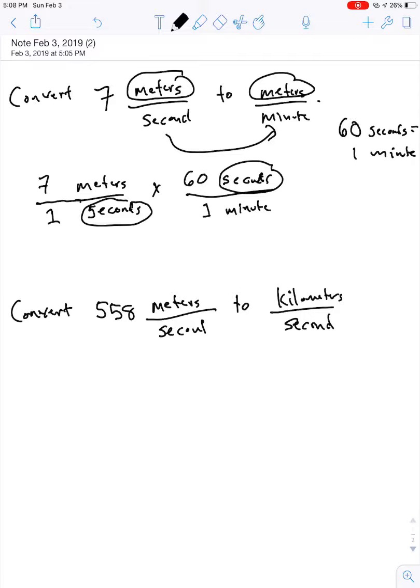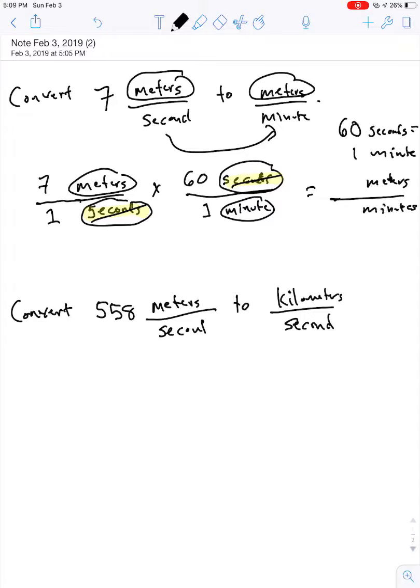If you are given seconds as your denominator the first time, you need to make seconds on the numerator the second time to get them to cancel. So in this case, since seconds is on bottom and seconds is also on top, seconds divided by seconds cancel. And I'm just left with the number of meters per minute, where meters is on top and minutes is on bottom.